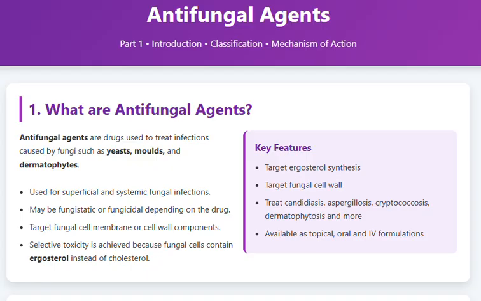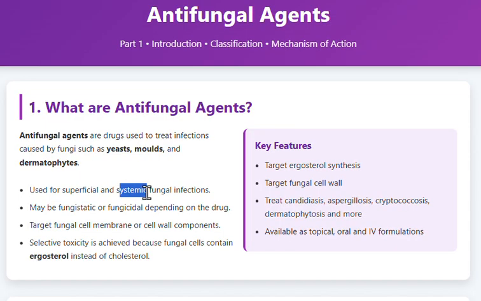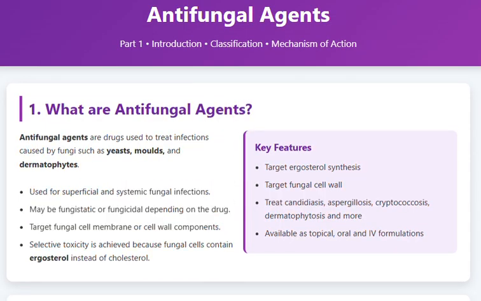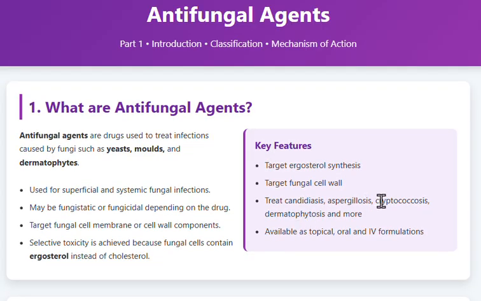The second category is systemic fungal infections. These infections affect internal organs, such as the lungs, brain, bloodstream, and other deep tissues. Examples include aspergillosis, cryptococcosis, histoplasmosis, and invasive candidiasis. These infections can become life-threatening, especially in immunocompromised patients.